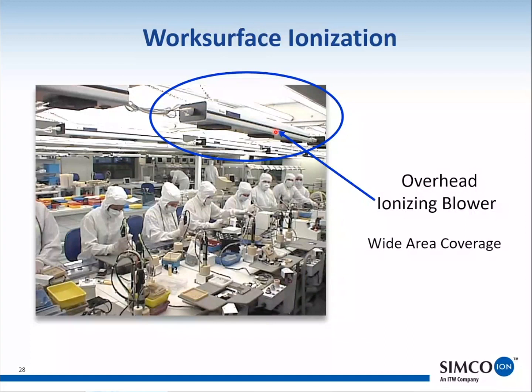We can play with the heights and the fan speeds of these also. This is a sitting operation. We have a lot of places where we install these over standing operations as well. We typically have to move those a little higher, which of course makes your decay times longer, but we can offset that a little bit with fan speeds if we need to.